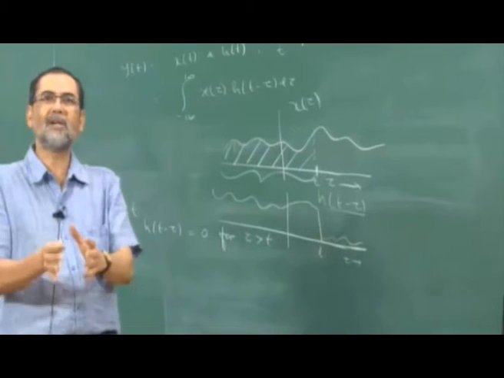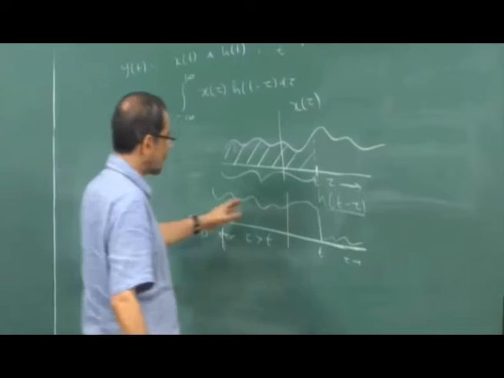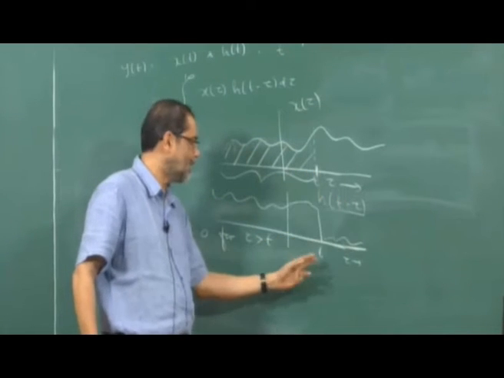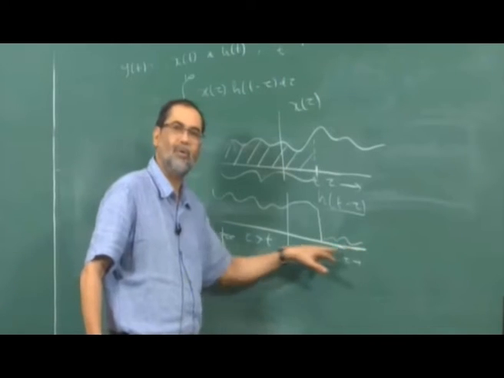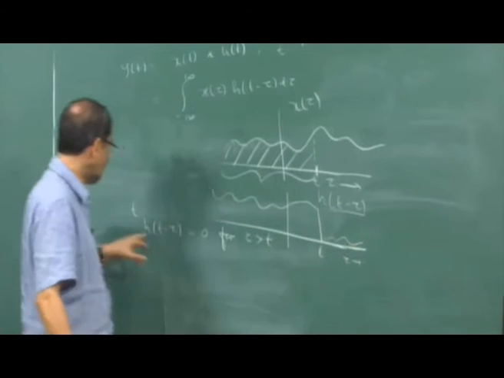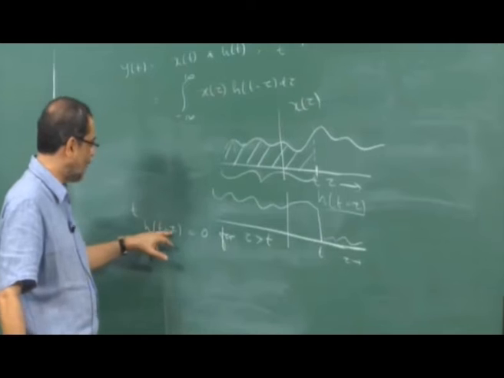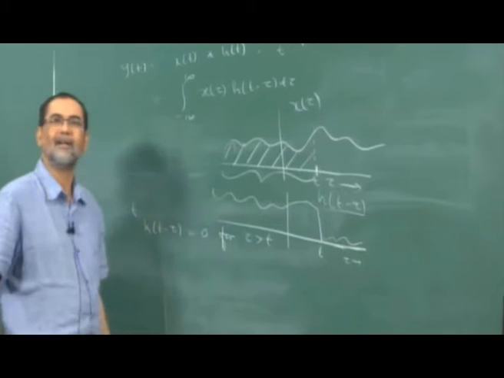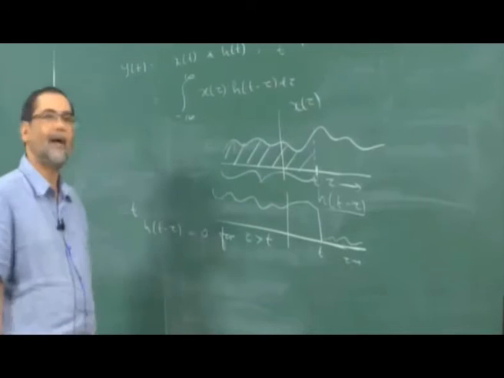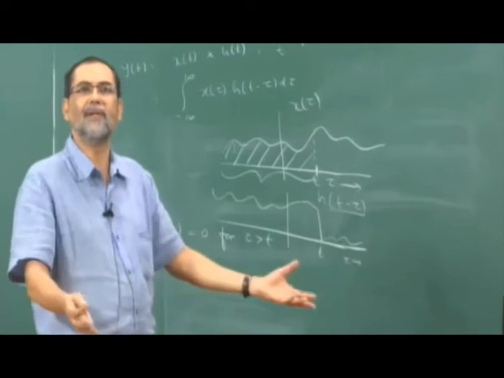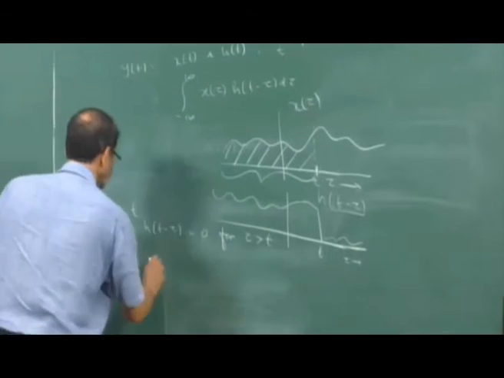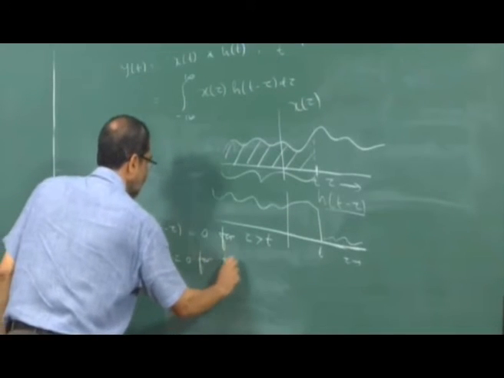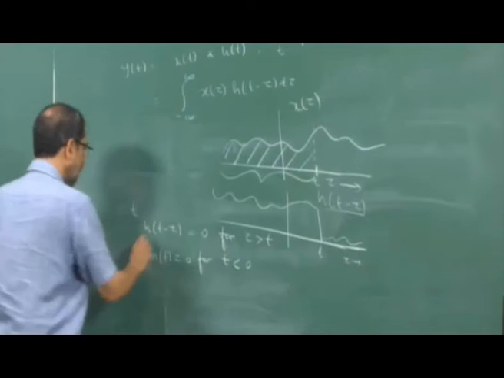So for the system to be causal, the impulse response, in this case the flipped and delayed version, this part should be 0, right. I'm saying h of t minus tau should be 0 for tau greater than t. This is the same as saying h of t should be 0 for t less than 0. This condition will ensure that.